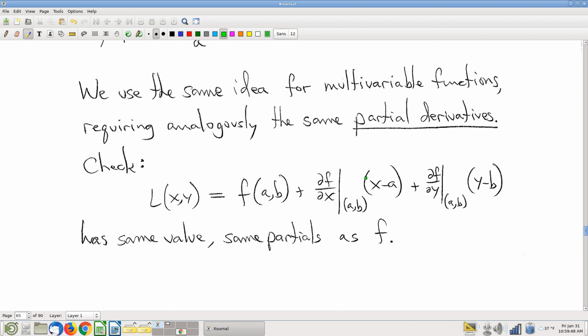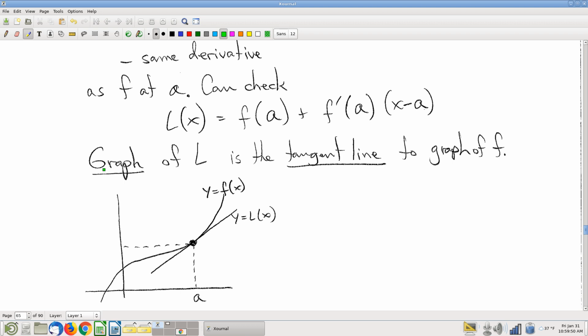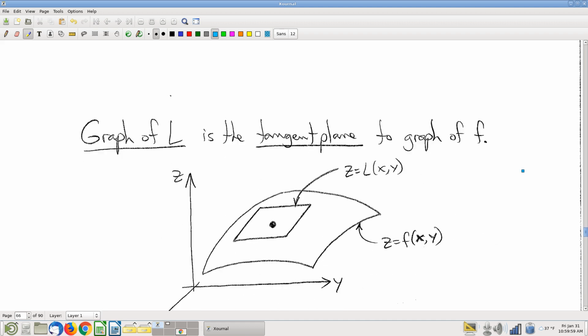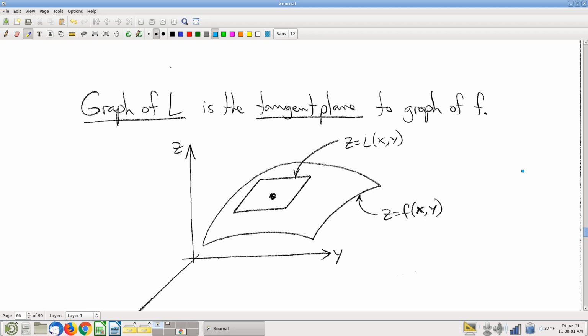And then just like we did here, we look at the graph of the linear approximation. Think of that as the tangent line to the graph of the function we were looking at in the first place. We're going to do the same thing here and talk about how the graph of the linear approximation, green, is going to be a plane.